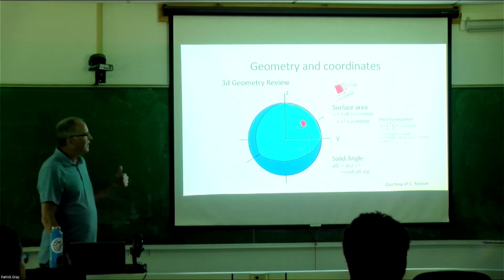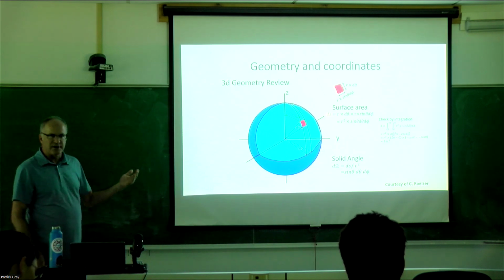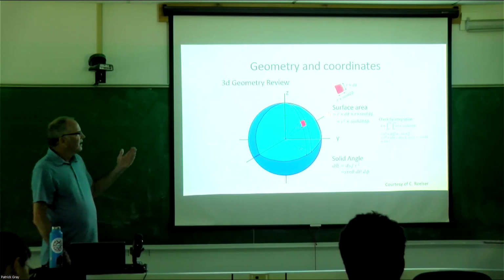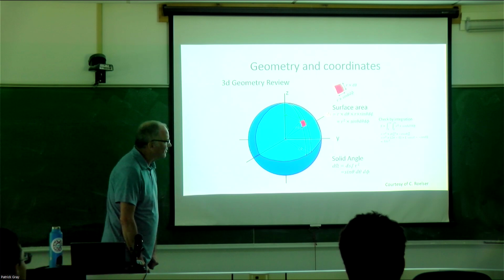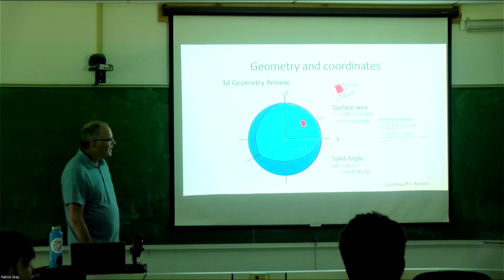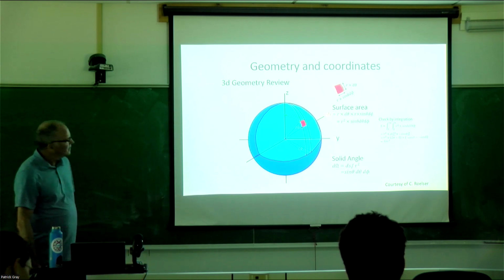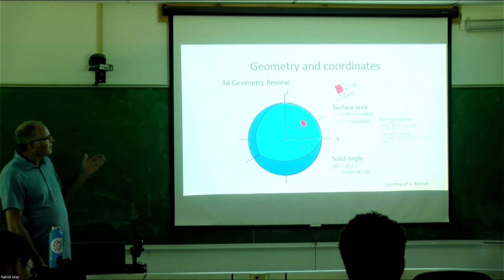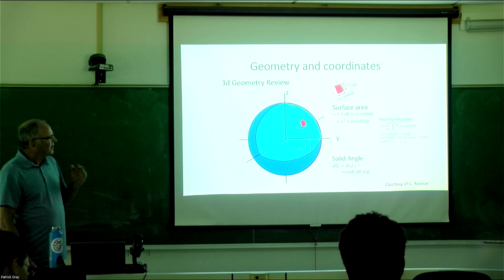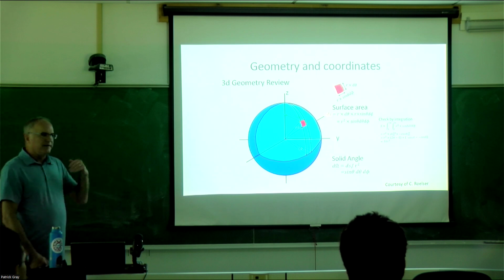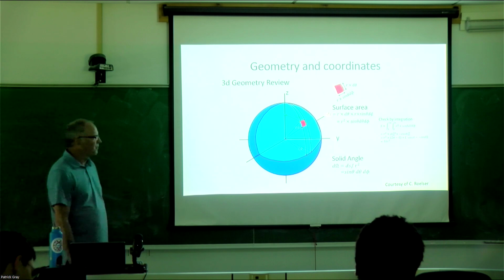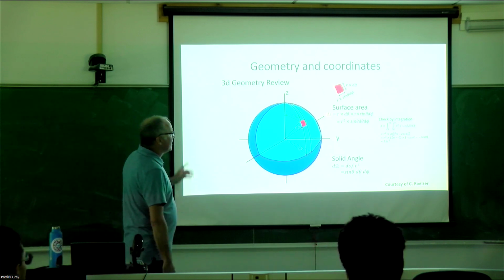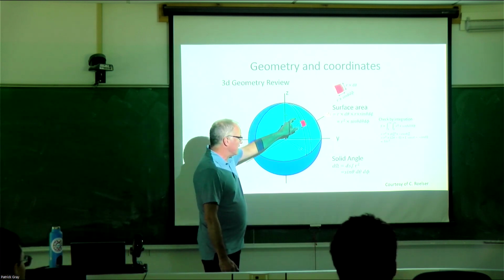Now we define what that surface area is, that shape. That is equal to r times d theta times r times sine theta d phi. So now we know what that surface area is.